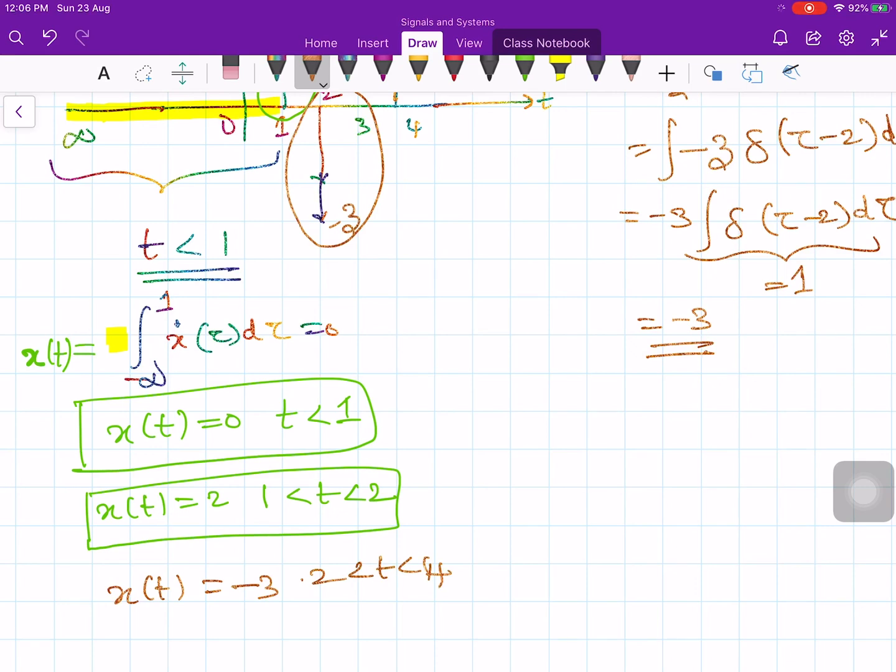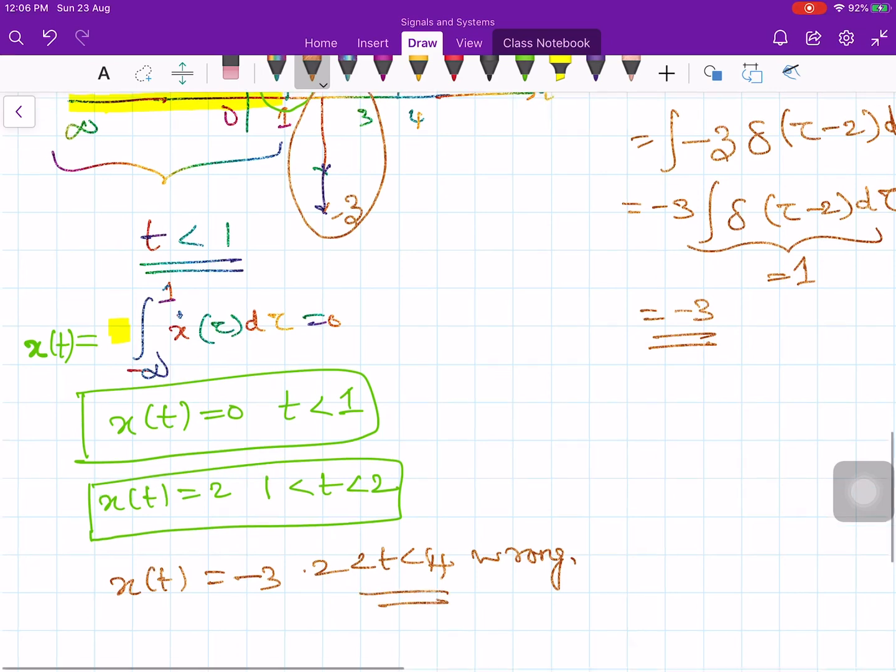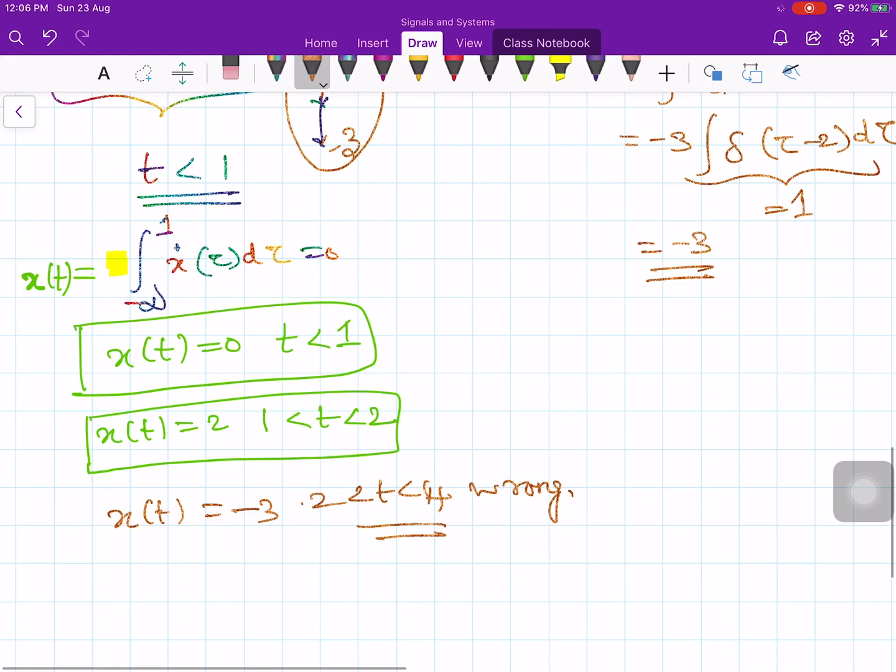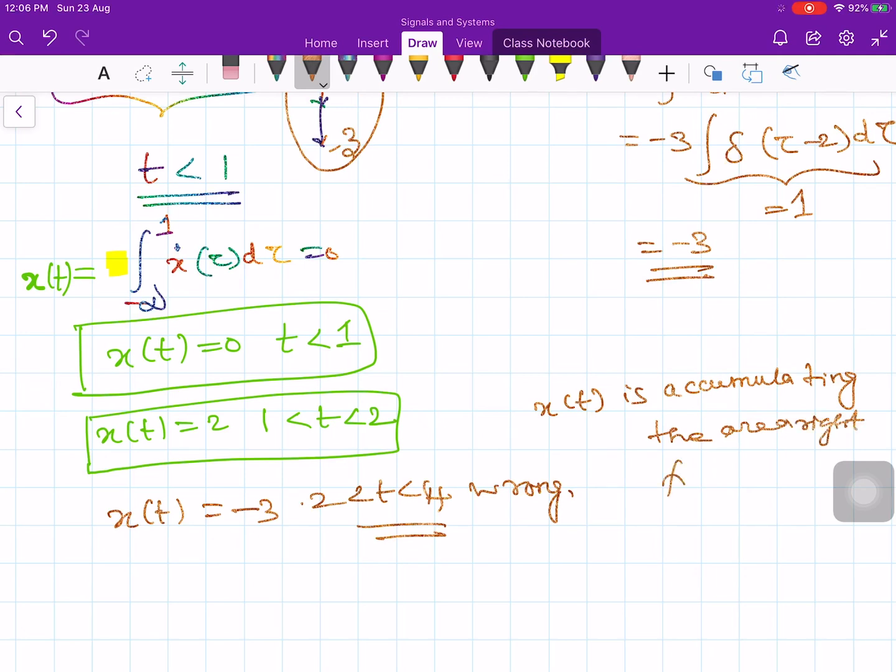Why is it wrong? In this interval it is correct locally, but when you consider the whole function, you are accumulating. So x of t is accumulating the area from minus infinity to the point where you want.